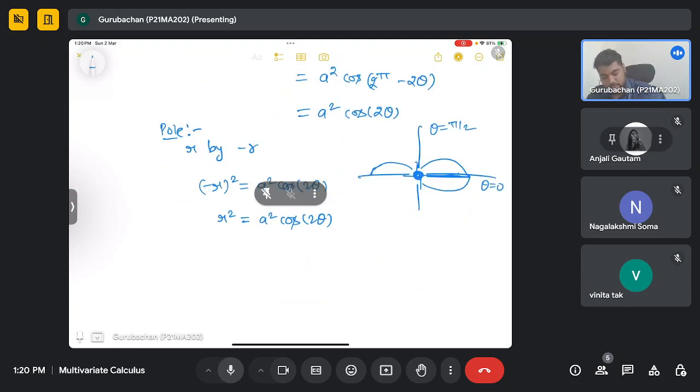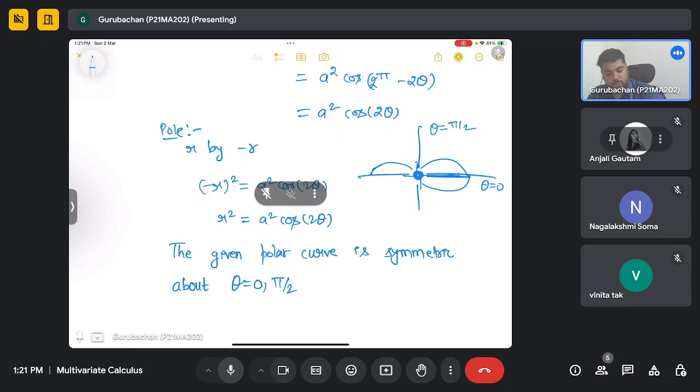Same curve, that means the given polar curve is symmetric about theta equal to 0, pi by 2 and the pole.